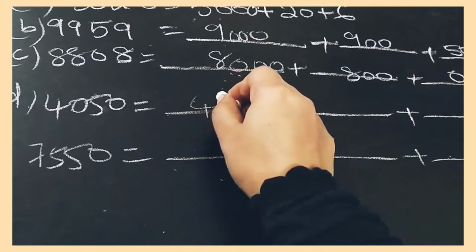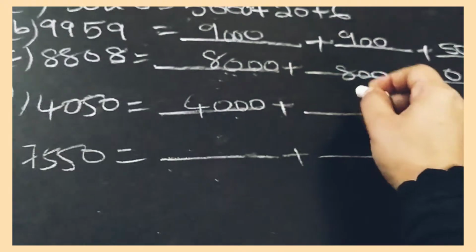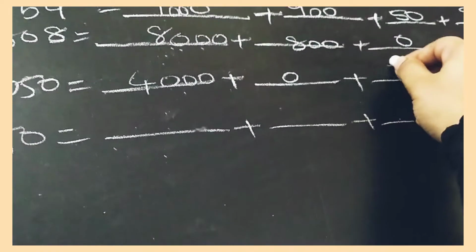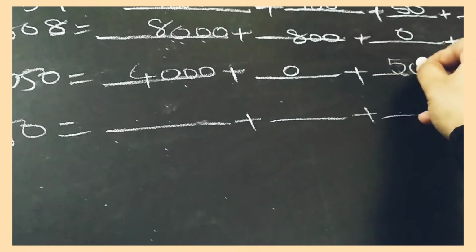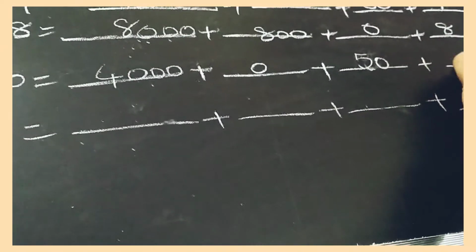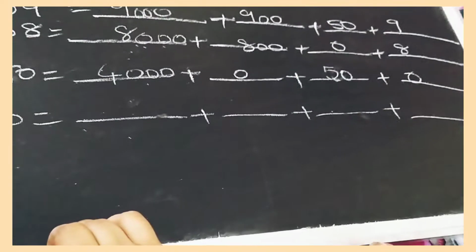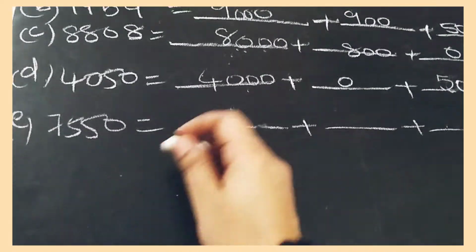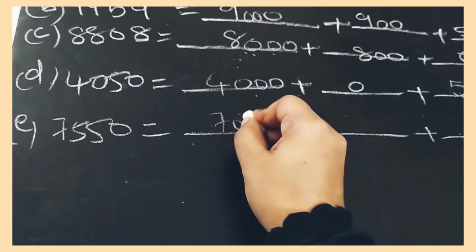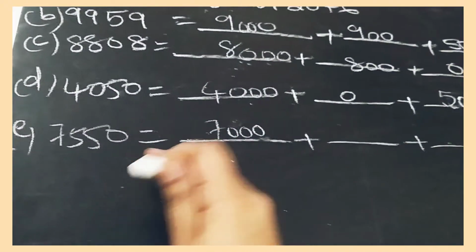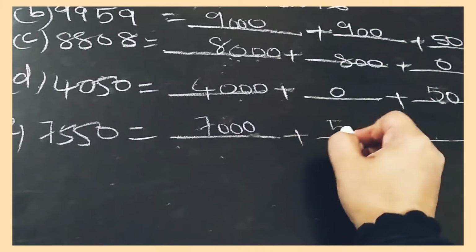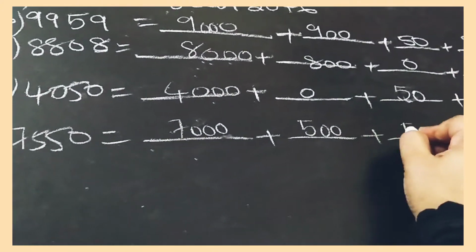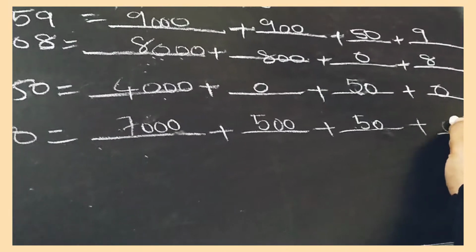Okay, 4,000 plus 0 plus 50. 50 means you have to write here 50. 50 plus 0 plus 0. Next one is 7,550. So here 550. 50 plus 0 is 50.